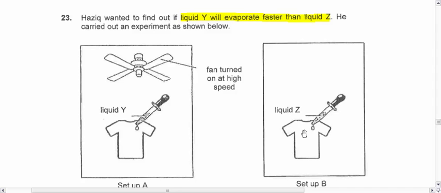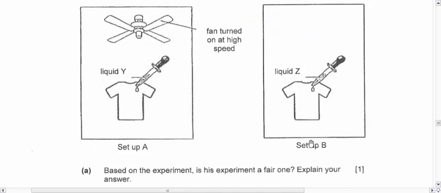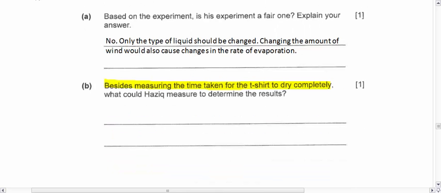But if, let's say, Z evaporates faster, then the mass of this shirt here will be much lesser compared to Y. So either you measure the mass of the t-shirt, or some of you may also want to measure the amount of liquid left. So that's fine as well. Just that it's a bit more difficult to measure amount of liquid left because it's in the shirt. So the mass of the shirt will be the easiest to measure.